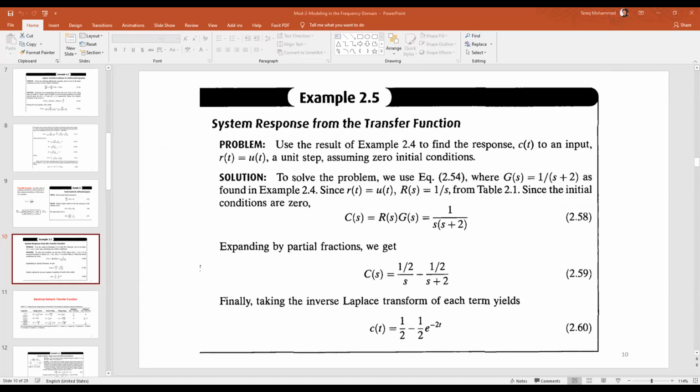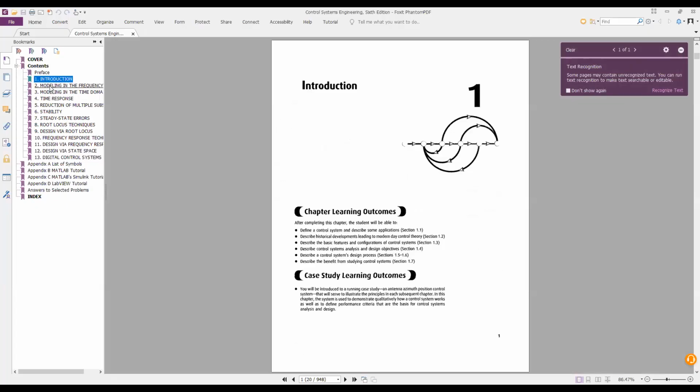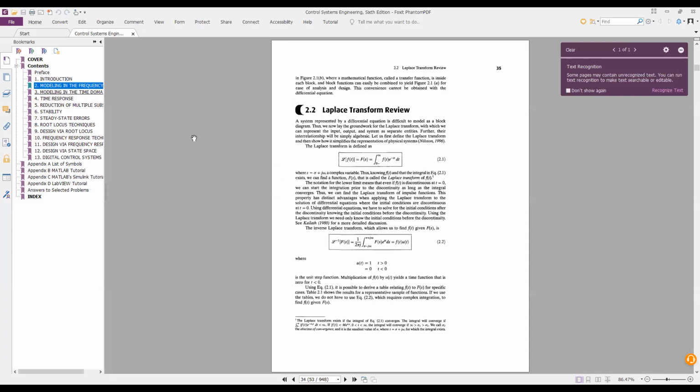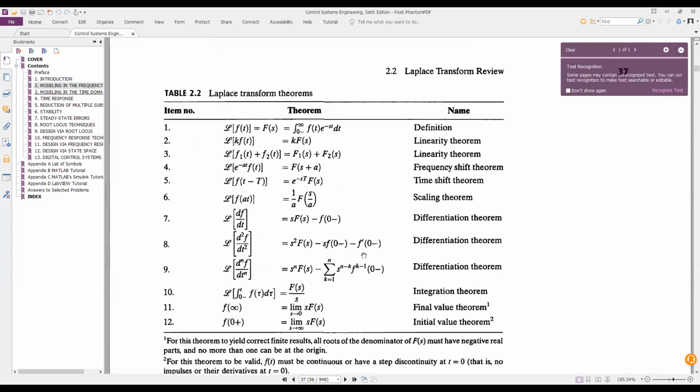Let me show you that table here now. I'm showing you another table.